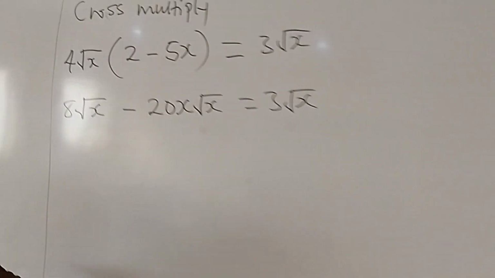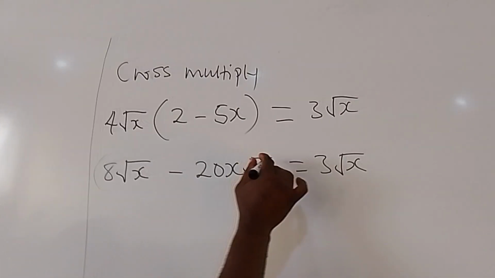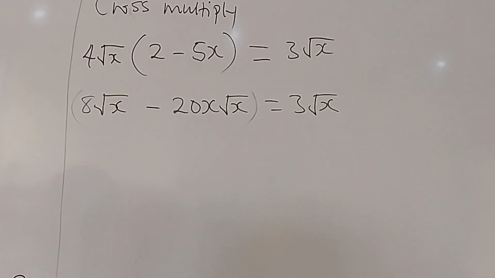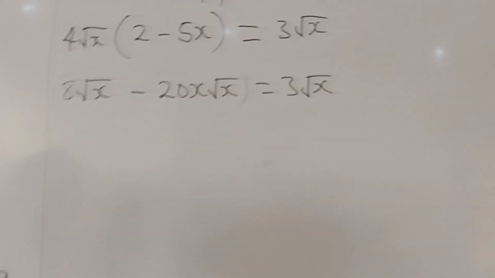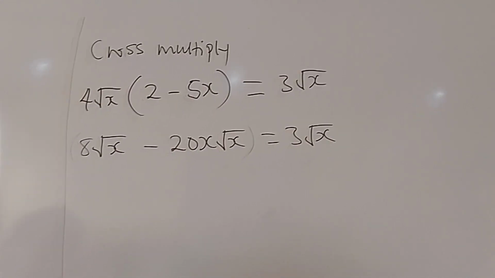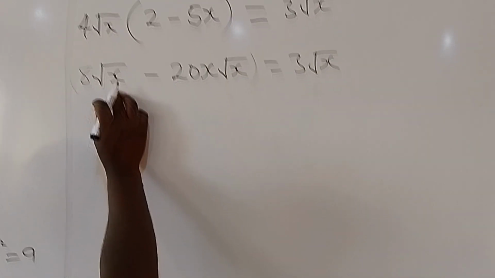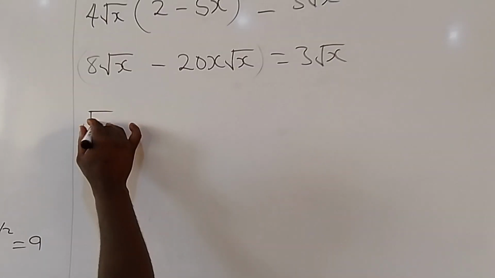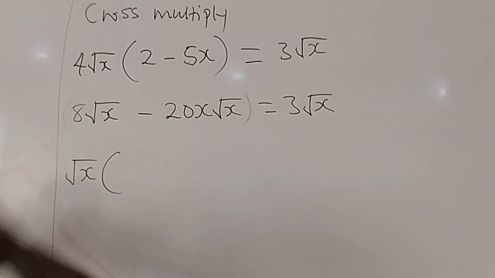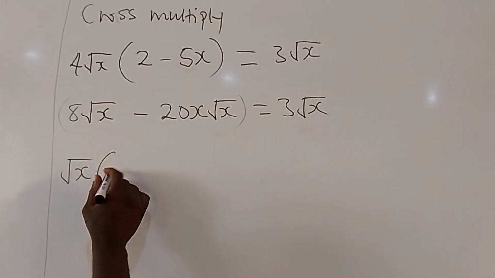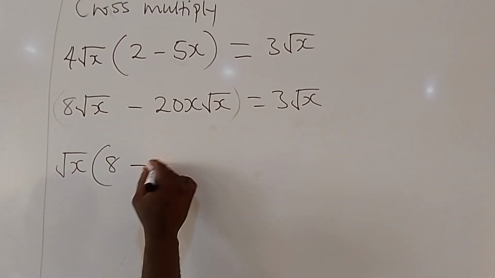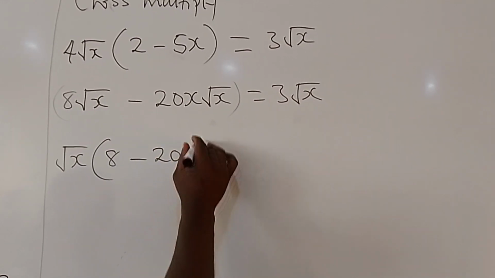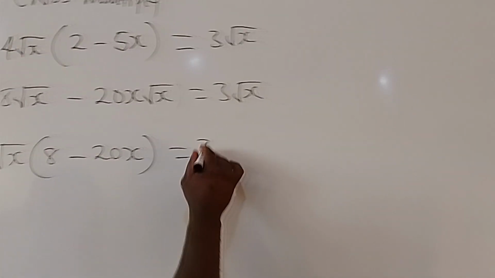If we bracket this, ask yourself what is common. We know that what is common here is square root of x, true or false? So we write square root of x, factor it out, then we have here 8 minus 20x, which equals 3 root x, true or false?